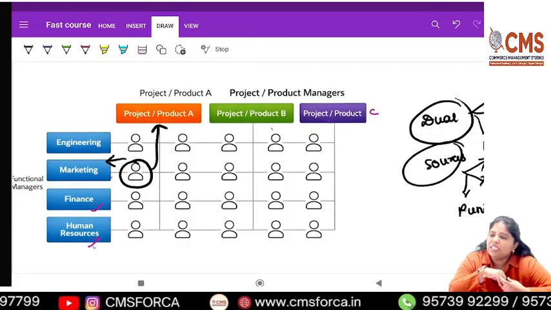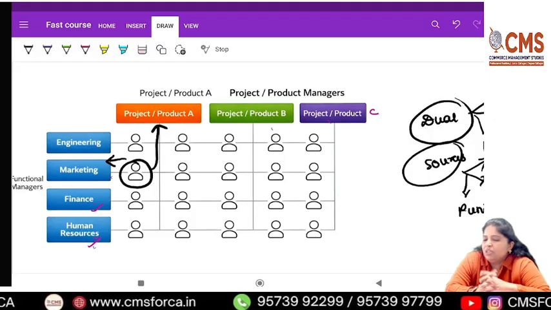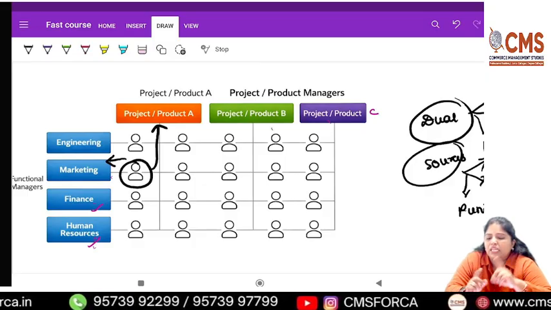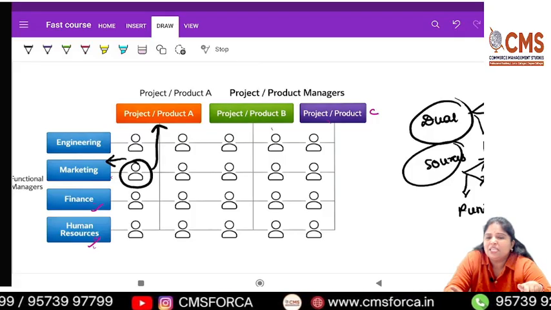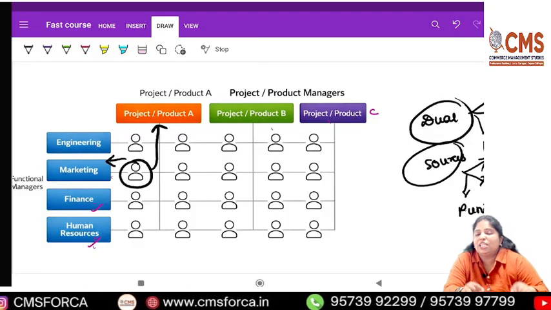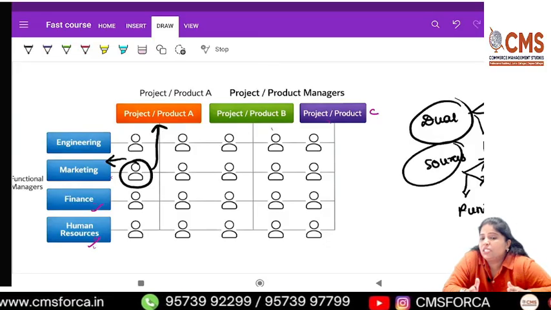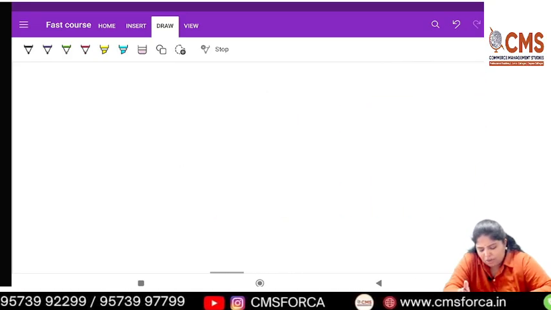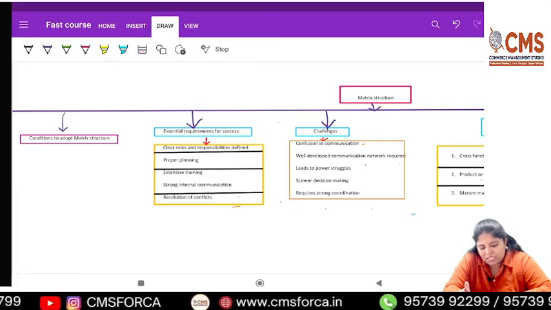When all employees believe they have the same stature, we have to clearly tell them these are your roles and responsibilities. Without clear segregation or description of roles and responsibilities, matrix structure cannot be that helpful. And between these managers, there should be mutual trust and confidence. These are the key requirements without which your matrix structure can't be successful.